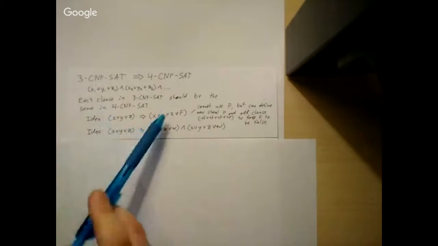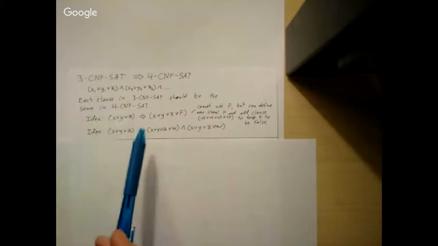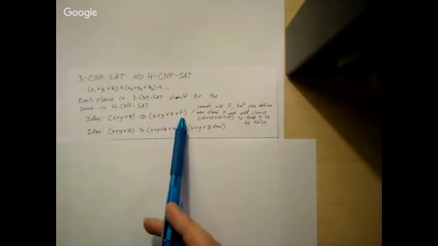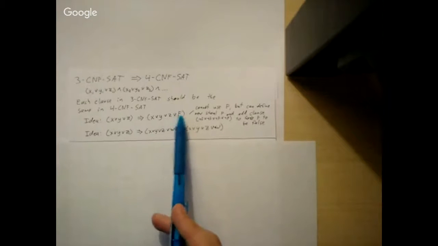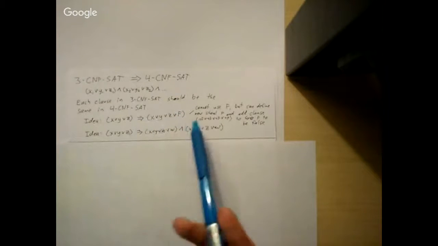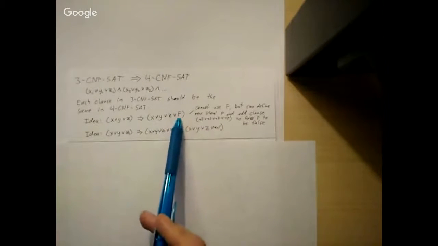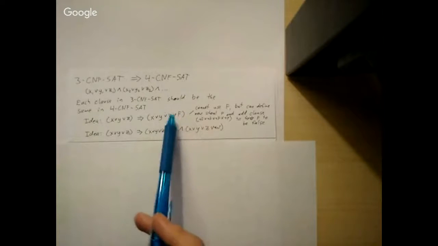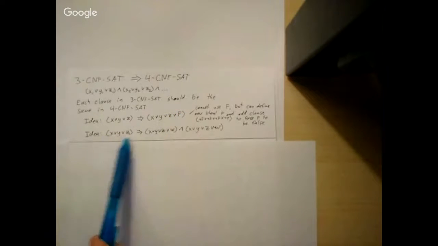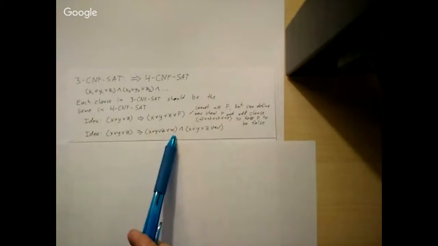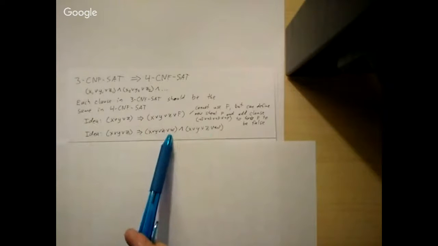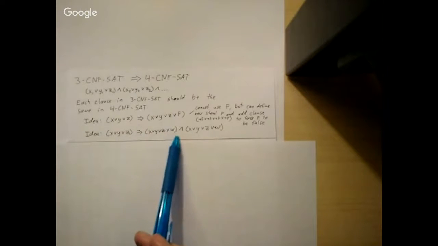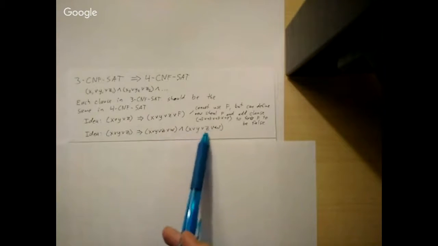The first idea that comes to my mind is, well, let's add false to it. But we can't add something that's false. We have to add something that could be true or false. There's a couple of ways to fix that. One way is to expand it to two clauses, one that has a new variable w, and one that has its negation.